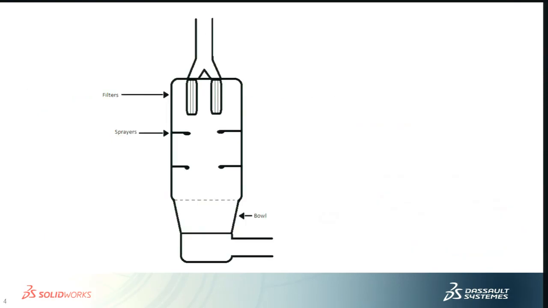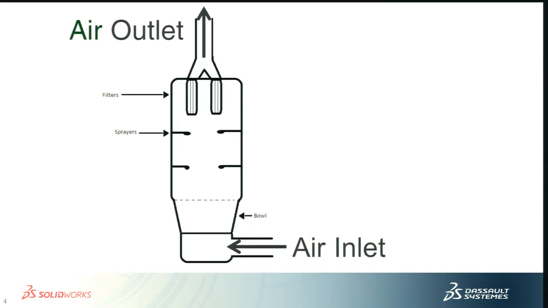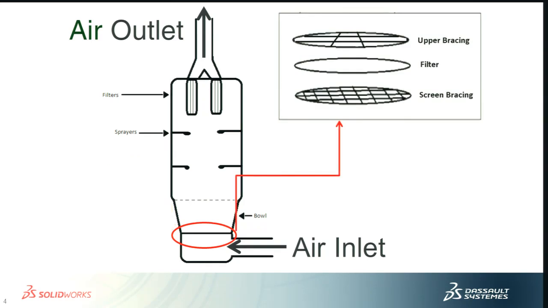So this is the problem we're working on. Just imagine a hopper where you have an inlet and outlet for air, and there are some filters and some sprayers and a bowl in this. What we're really interested in is the filter that lies between the air inlet and the outlet. That filter is comprised like a sandwich.